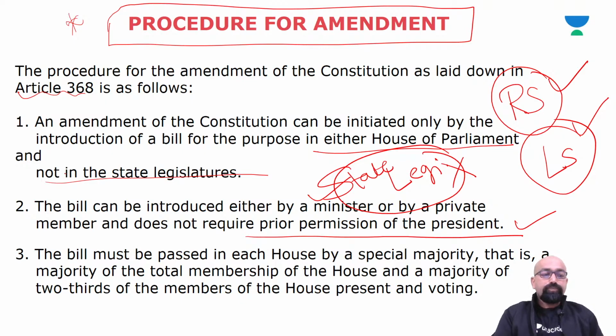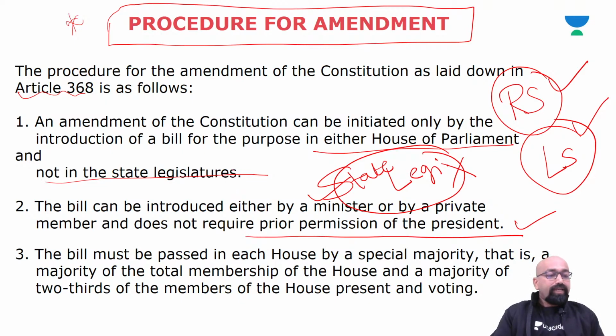Next point. The bill must be passed in each house, that is Rajya Sabha and Lok Sabha, by a special majority, that is a majority of the total membership of the house and a majority of 2/3 of the members of the house present and voting.